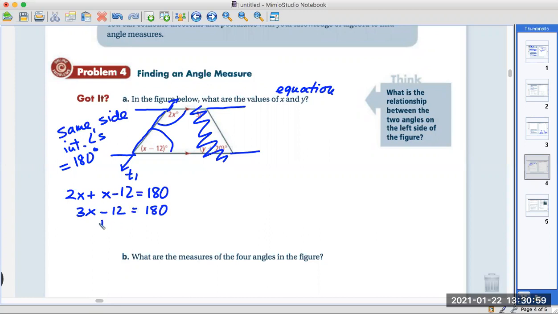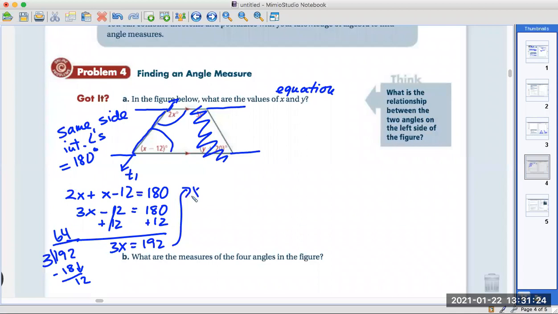And then you add 12. 192. And then you divide by 3. 3 goes into 19 6 times. 6 times 3 is 18. Bring down the 2. 3 goes into 12 4 times. So therefore, x is 64.